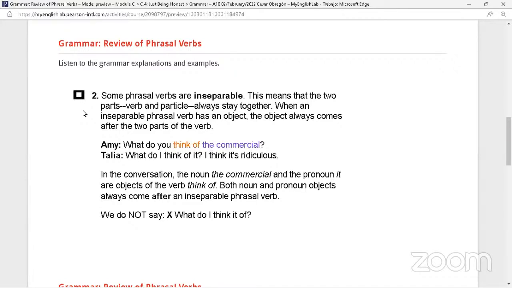"What do I think of it? I think it's ridiculous." In the conversation, the noun, the commercial, and the pronoun it are objects of the verb think of. Both noun and pronoun objects always come after an inseparable phrasal verb.